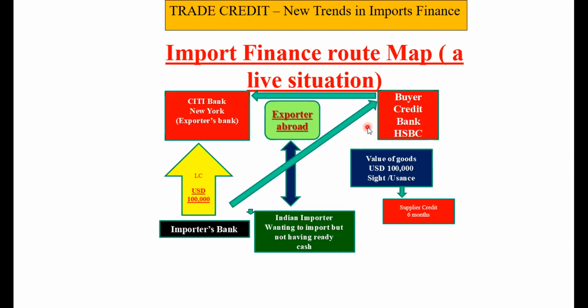Note down. US dollar 50 million. 50 million means almost 370, 380 crores. And what is the maximum rate of interest allowed for buyer credit or supplier credit? That they will ask. You note down. LIBOR, London Interbank Offer Rate, plus 2.5% or 250 points.